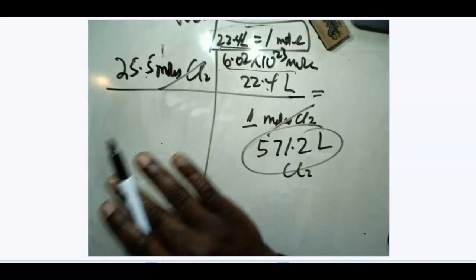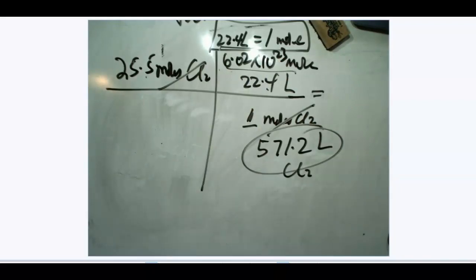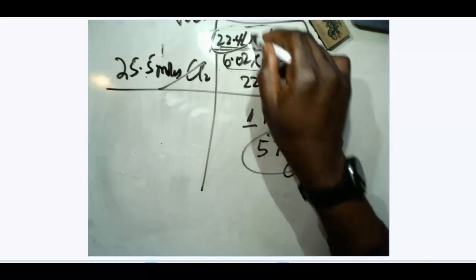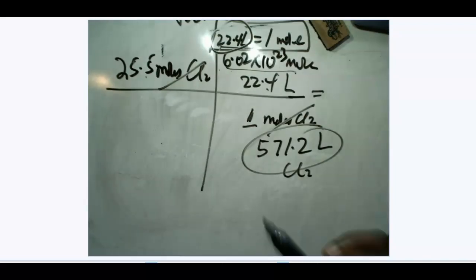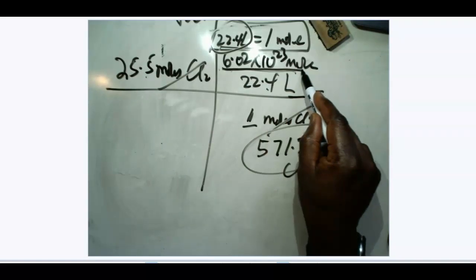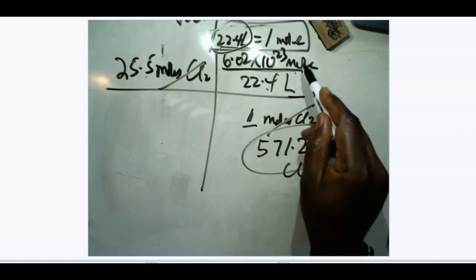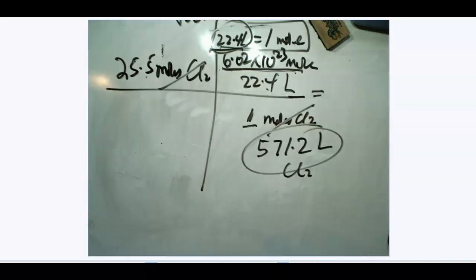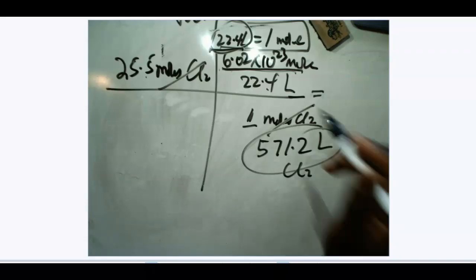They don't expect you to memorize it, but it will help you if you know it offhand, because you may not have a chance of going back to check your formula sheet before you continue with your problem. 22.4 liters is the molar volume for any gas. Any 1 mole of a gas occupies this volume, just like any 1 mole of a substance contains these particles. That's the only way to remember it. Since you're looking for volume, the first thing that comes to your mind is your molar volume, 22.4.